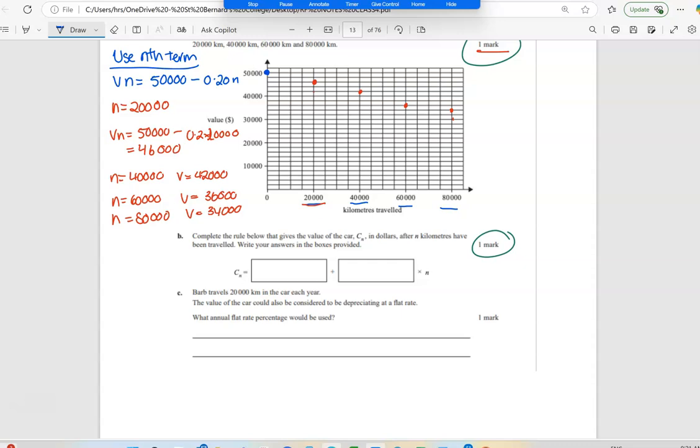So to complete the rule that gives the value of the car, we know that means nth term. We've already worked that out because we had to graph it. So I can simply put in those numbers that I found. So nth term, 50,000, and it's minus. Once again, they've been nasty. They put a plus there.